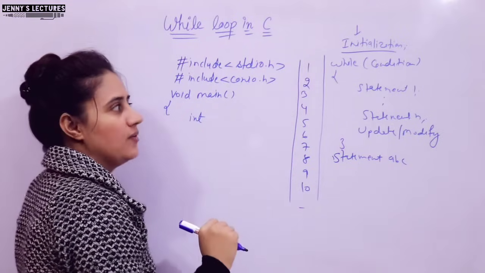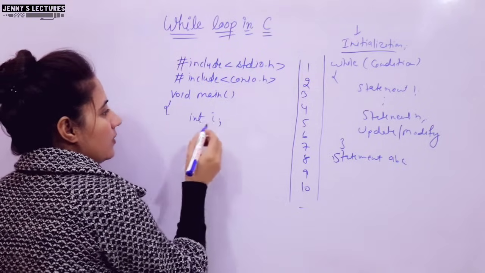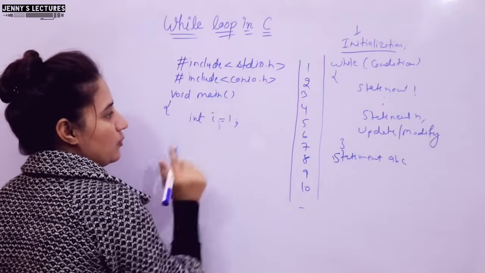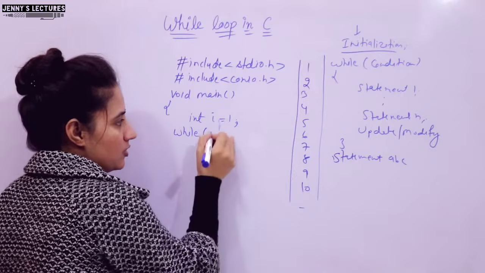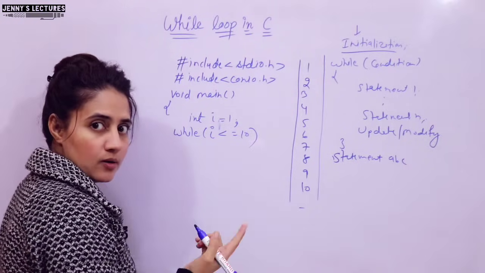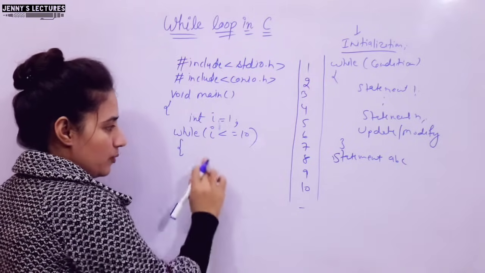For loop you have to take a variable. Suppose I am taking I only, and I am initializing I from here only. I is from 1 I am going to start. So in while we will write down some termination condition. Termination condition is what? I less than equal to 10. If I is less than equal to 10, then loop would be executed.